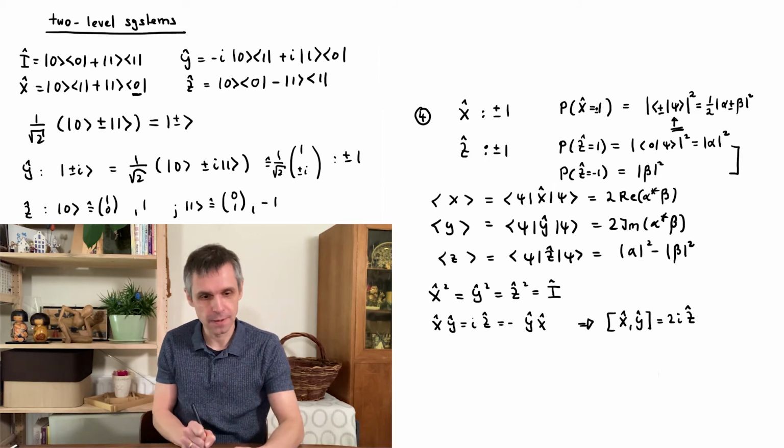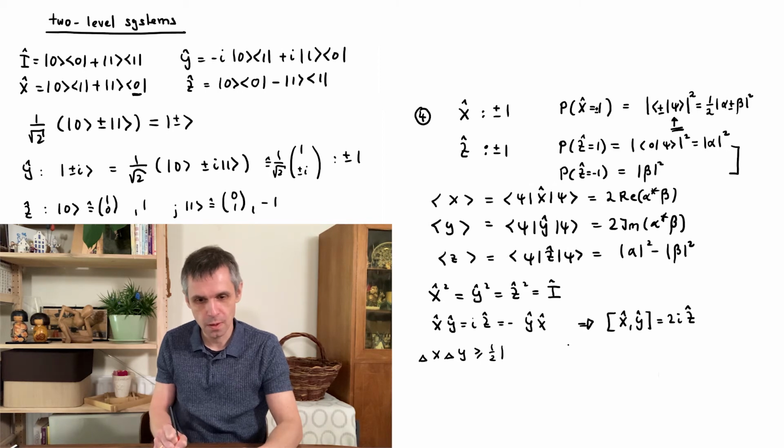From there we can then, for instance, write down a general uncertainty principle for the product of the uncertainties of x and y. So this is never less than 1/2 of the absolute value of the expectation value of this commutator. In here this 2 cancels and the absolute value of i is just 1. So this is given by the absolute value of the expectation value of z.